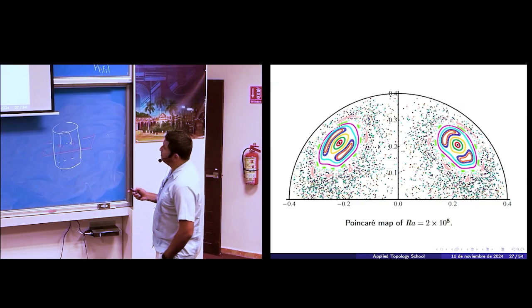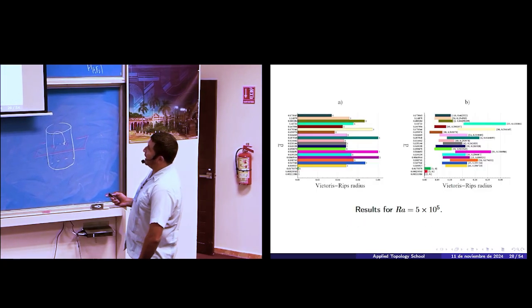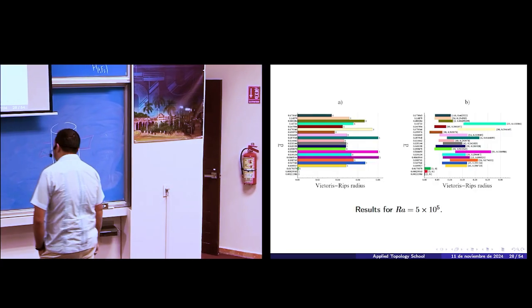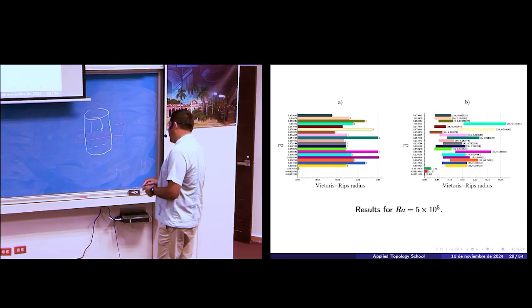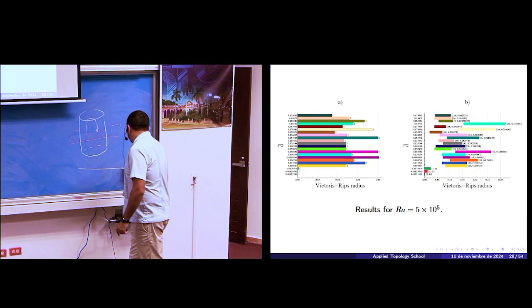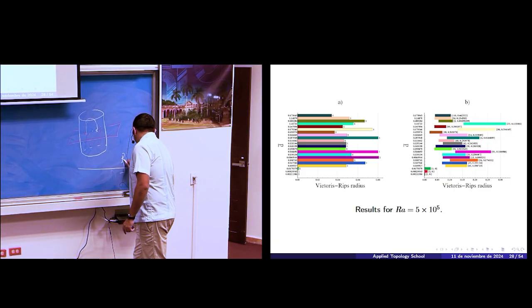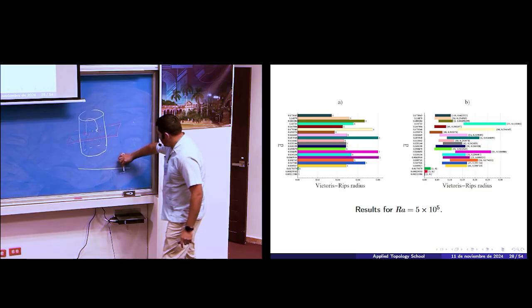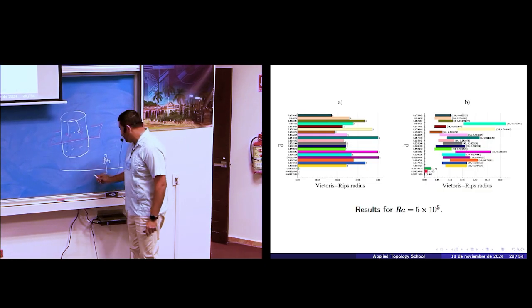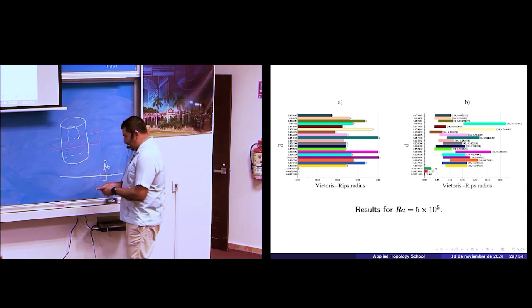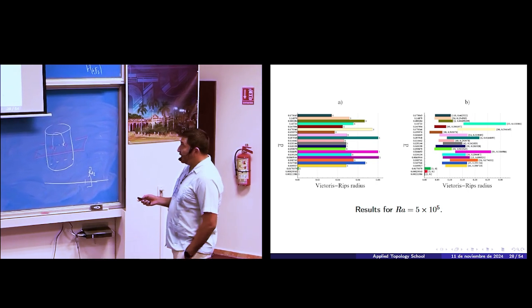Then I go to this case, the case with the Rayleigh number closer to the limit Ra2, where on this side the flow depends on the time, and this is the last one that we study.